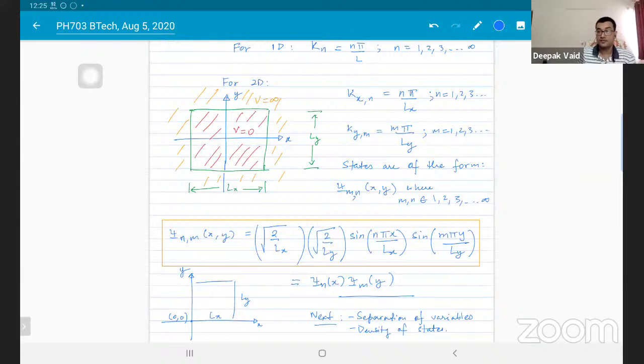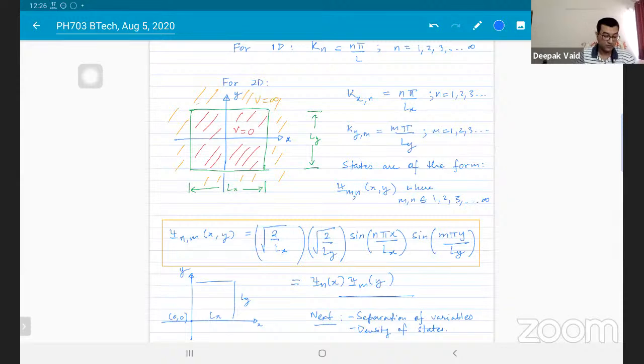But the thing is that in more than one dimension, you can have different coordinate systems. So in 2 dimensions, you can have a polar coordinate system instead of just a Cartesian system. So in the polar case, you will get a different decomposition. For example, you can ask, what if your potential well is circular instead of square?